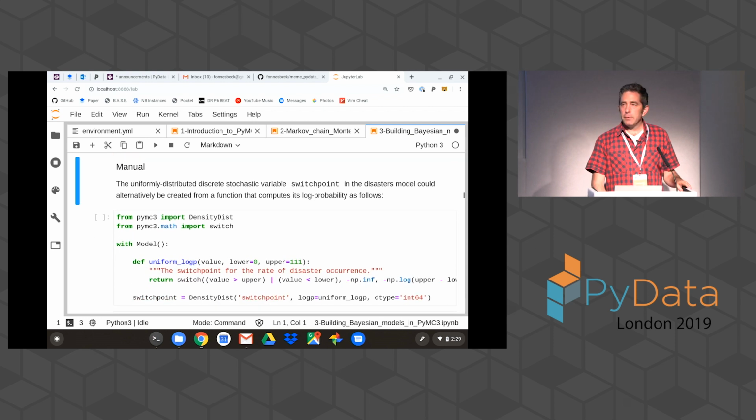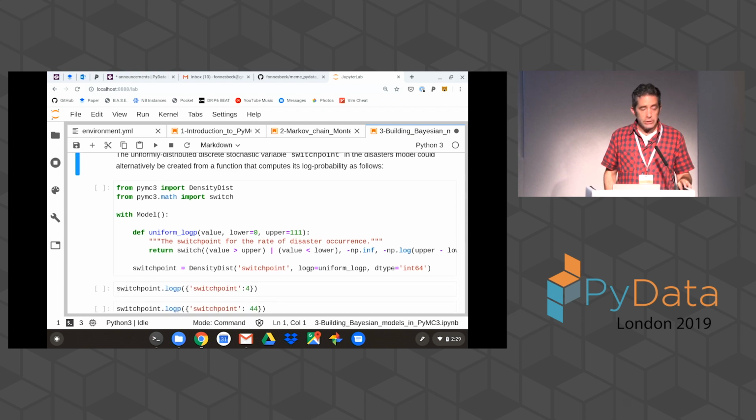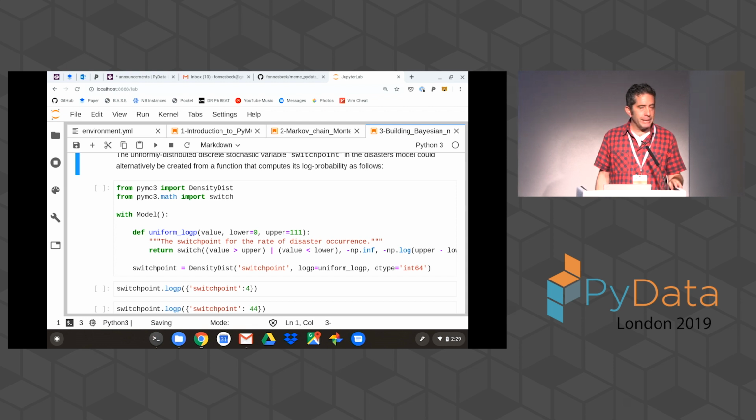But what if you either don't like our implementation of your favorite random variable, or there's a new one, some angular random variable distribution that you want? It's actually pretty easy to add your own. All you have to do is be able to code your own log probability function, and you're in business. So here is a manual version of the uniform log probability.